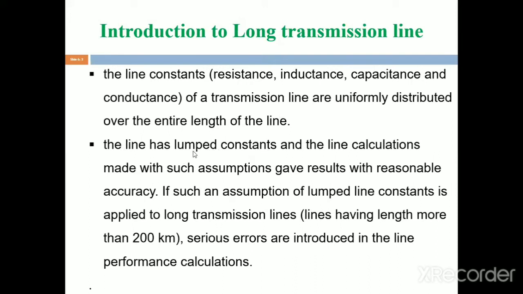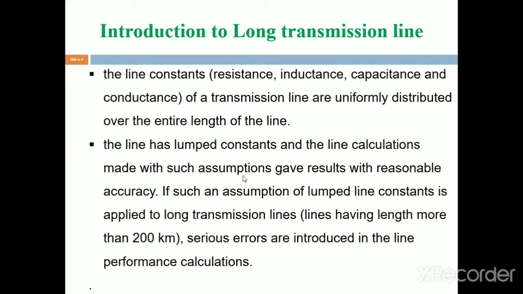The line has lumped constants, and line calculations made with such assumptions give results with reasonable accuracy. But if such an assumption of lumped line constants is applied to long lines, serious errors are introduced in the line performance calculations.